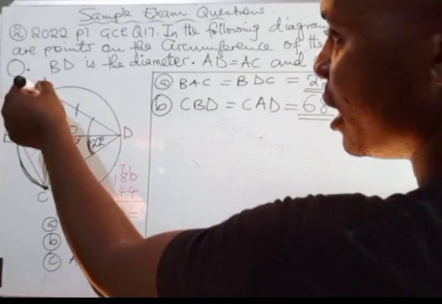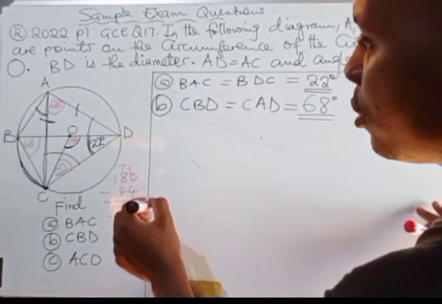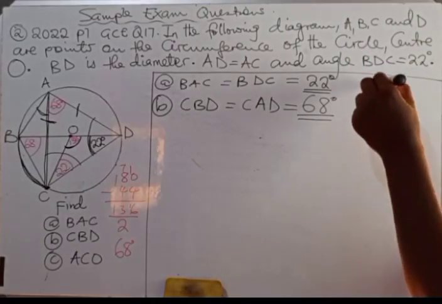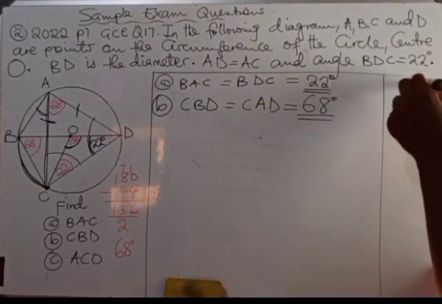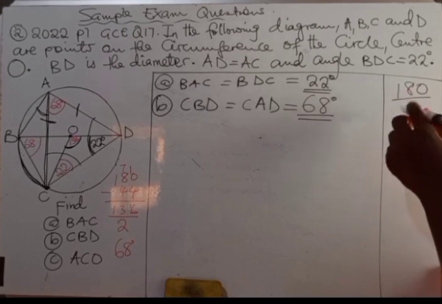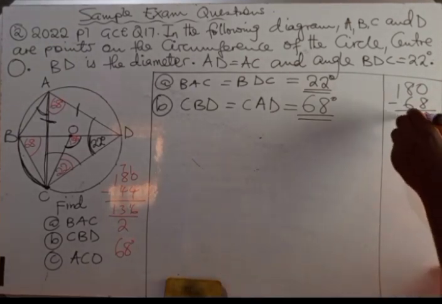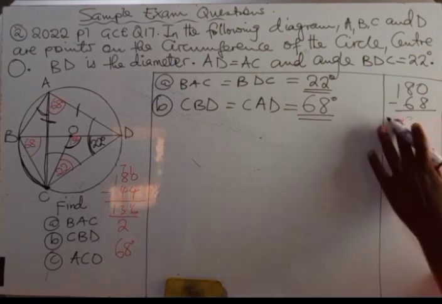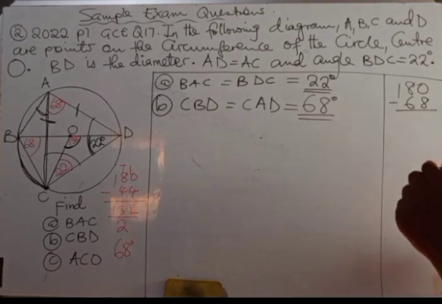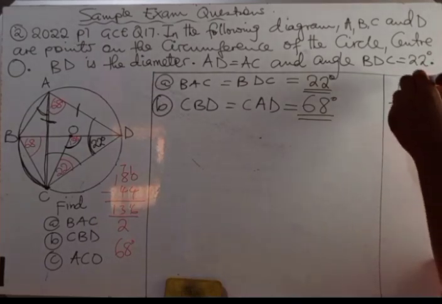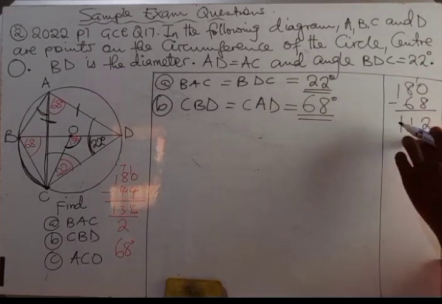Since this is also a triangle, allow me to do it separately: 180 minus 68 gives 112.